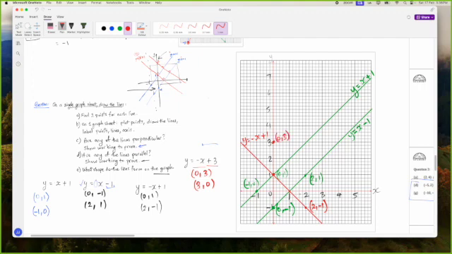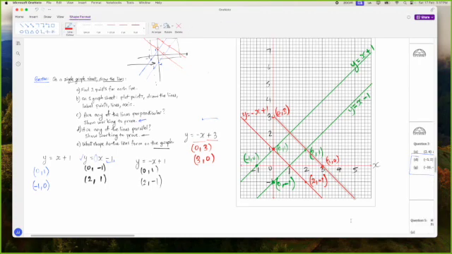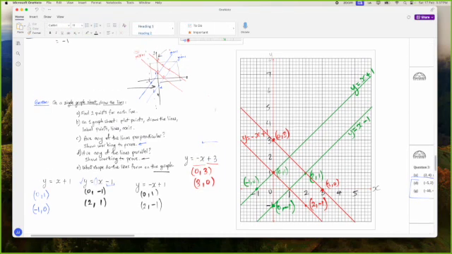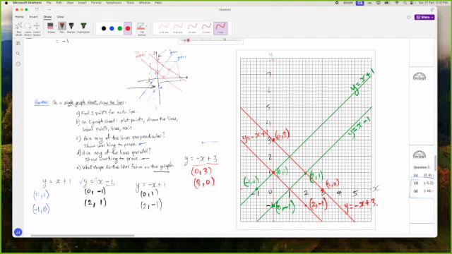And then we have 3 on the x, 0 on the y. So that is 3, 0. And then we join those 2 like so. Make sure they connect with their points, and we can see that the 2 red lines are very parallel. This line is the line y is equal to minus x plus 3.